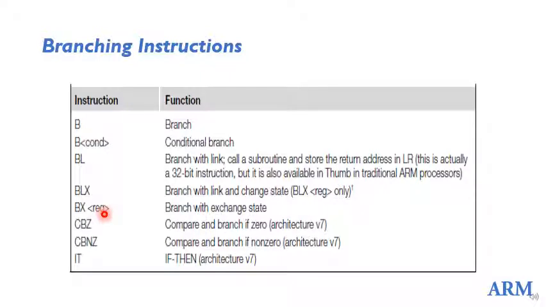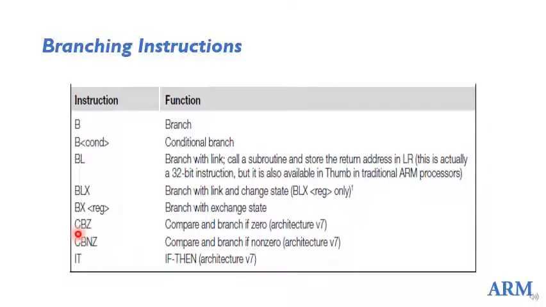Now, if the branching address is in a register for the BL instruction as well, then it will branch with link to the address specified in the register. The other two are branching instructions combined with the compare instruction.